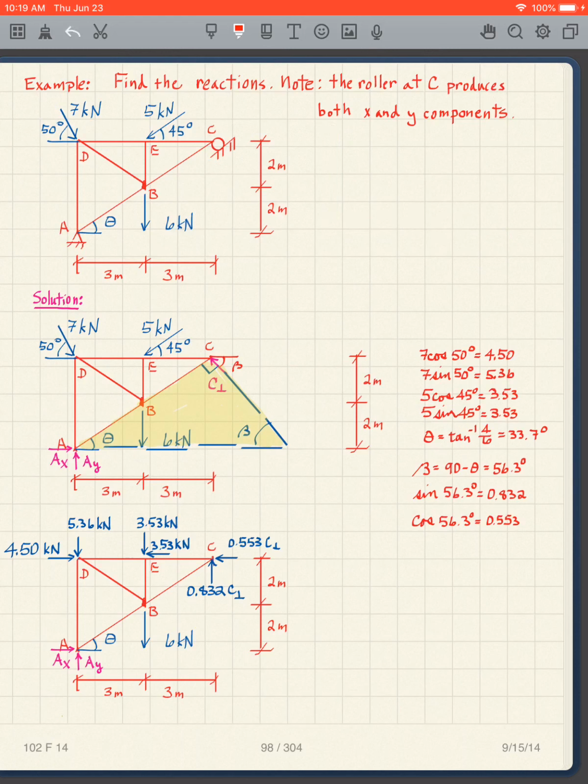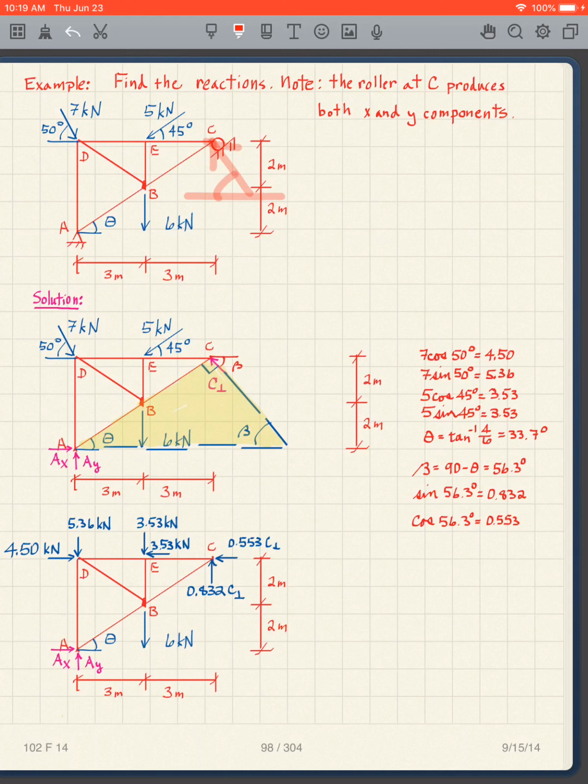Because the roller is at that angle, my roller force is going to be perpendicular to that. So that's the direction of the roller force. I need to figure out what that angle is with respect to our x-axis.